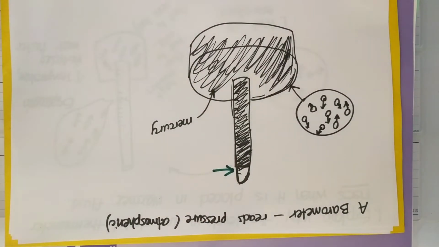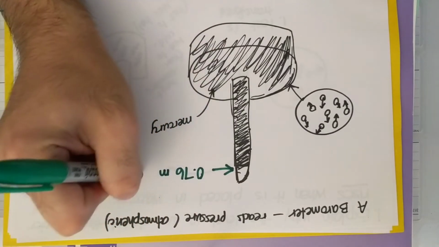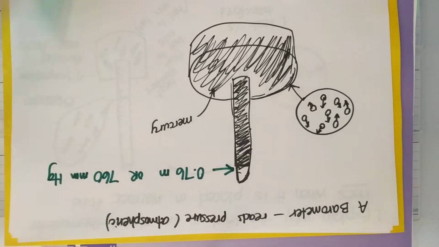And do you remember what atmospheric pressure is approximately? What our scientists discovered when we watched that first video? This height should be about 0.76 meters or 760 millimeters of mercury. That's typical atmospheric pressure.